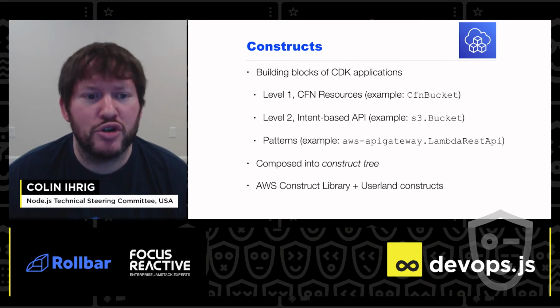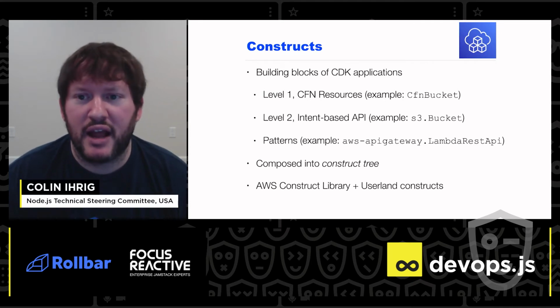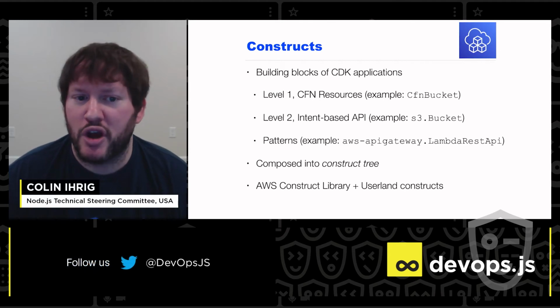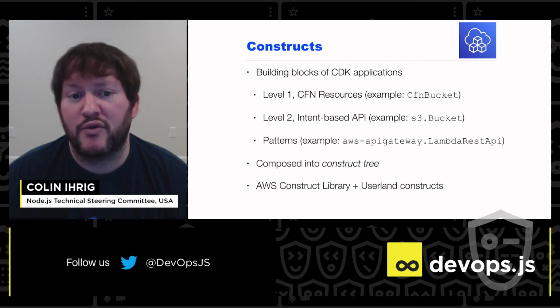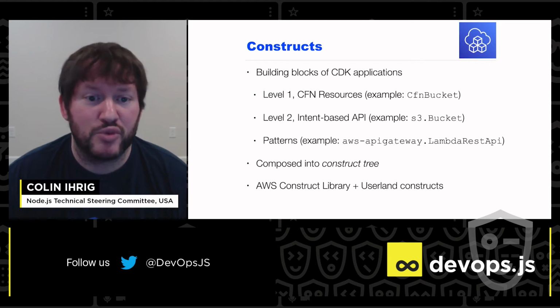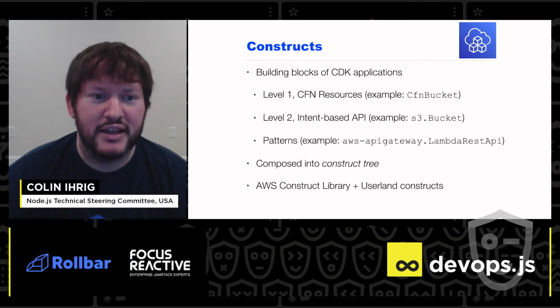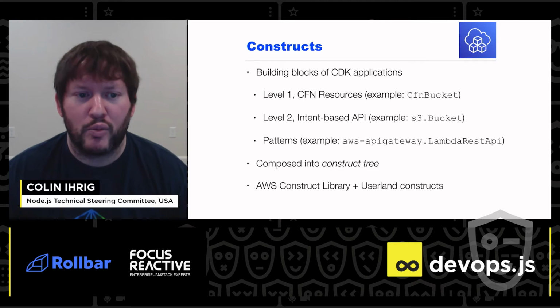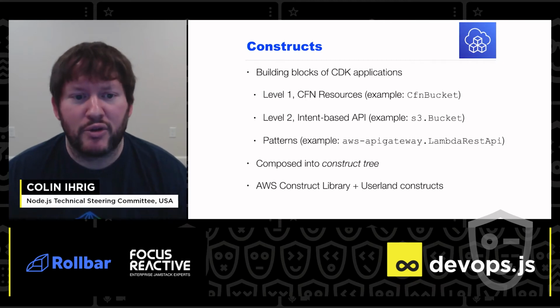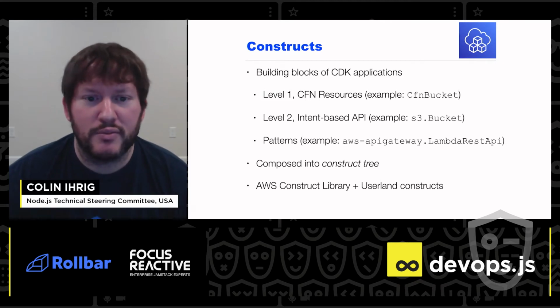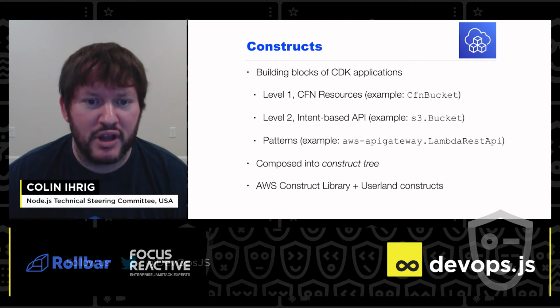But then level 2 constructs take that up a level to introduce an intent-based API. So building on the same example, instead of a CloudFormation bucket, you might use an S3 bucket. And this has a much more user-friendly API. And then finally, there are what are called patterns, which are even higher level and can compose a lot of different components together.